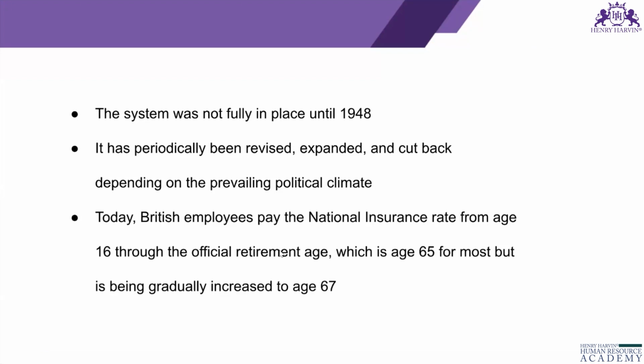In 1948, this was fully functional. It has periodically been revised, which means some benefits were added later on, like maternity benefits and other benefits. Earlier it was only pension, insurance and unemployment benefit, but later on maternity, paternity, and all types of leaves were also added. So it keeps on improving.